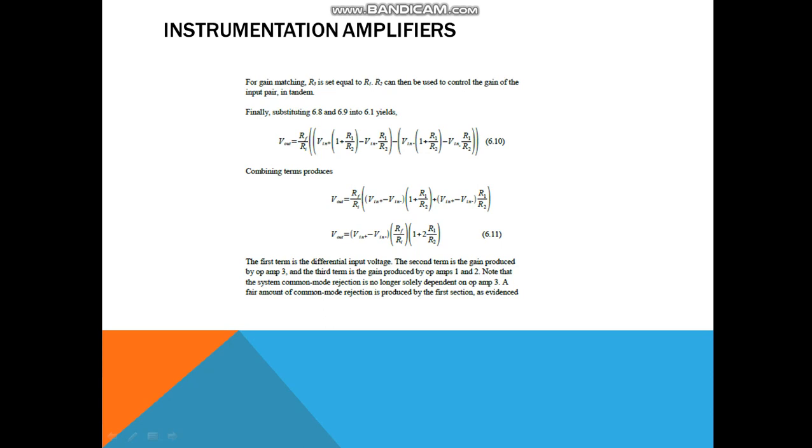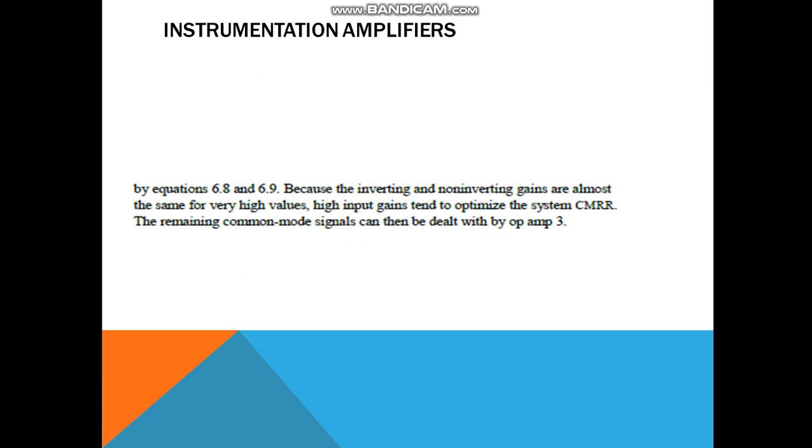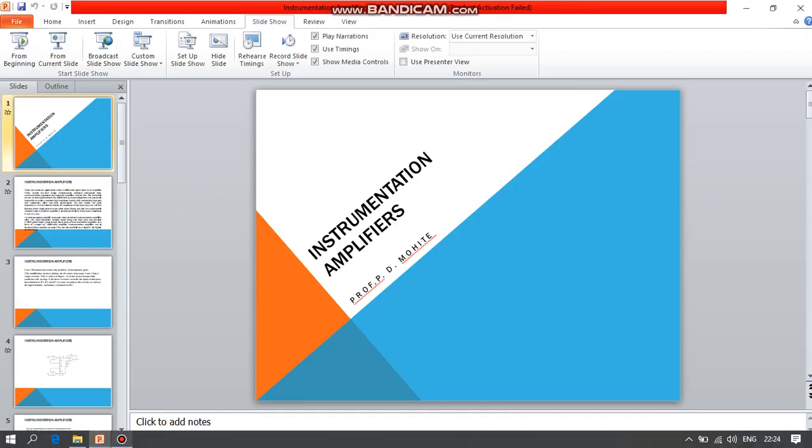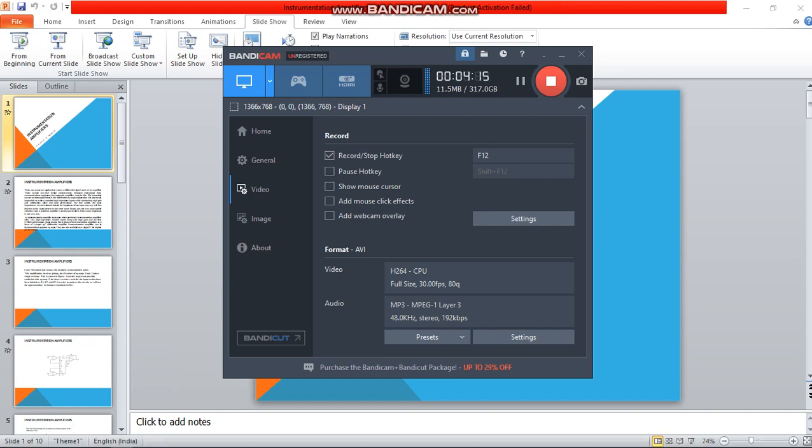The system CMRR is no longer solely dependent on op-amp 3. A fair amount of CMR is produced by the first section. And because of these conditions, we may say that the CMR ratio is increased. Hence, we may describe the instrumentation amplifier.